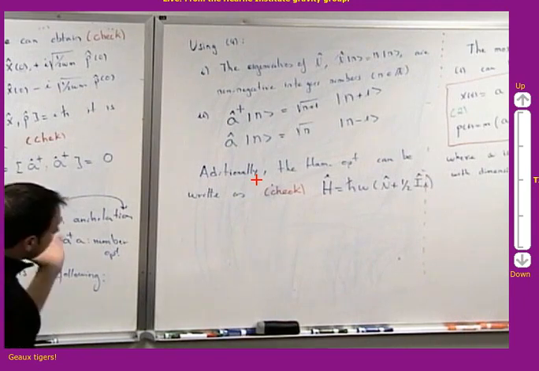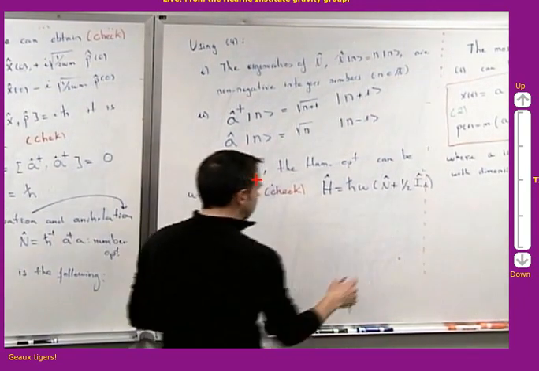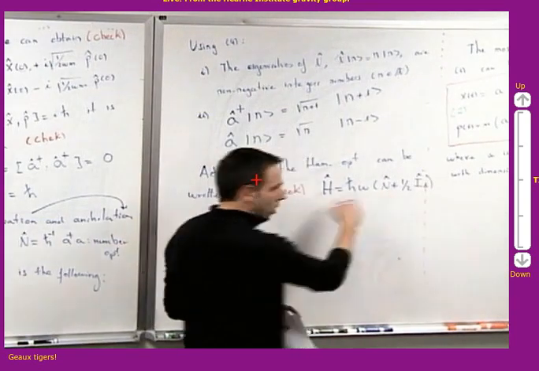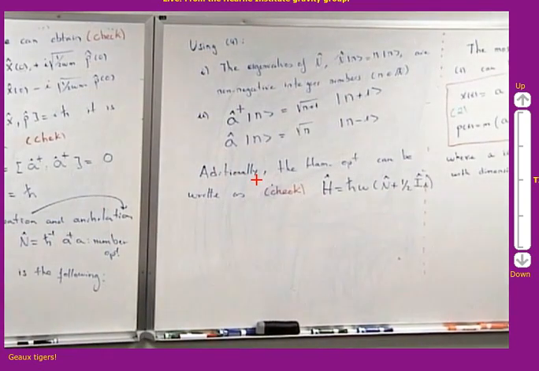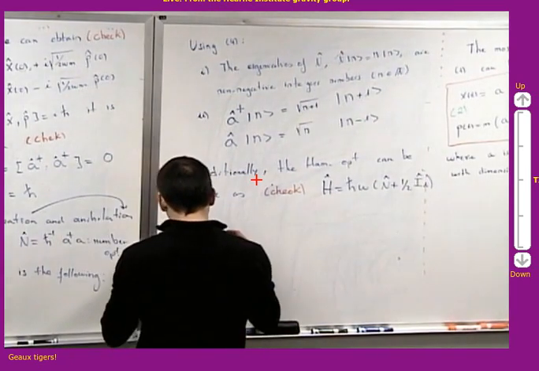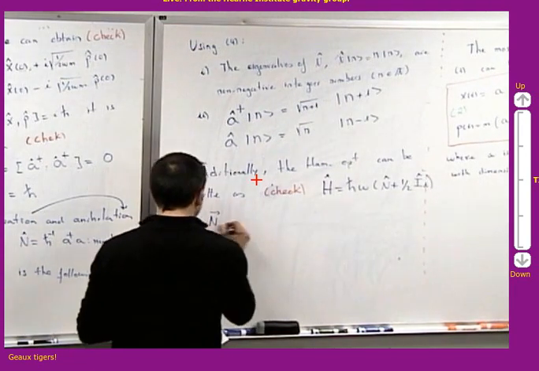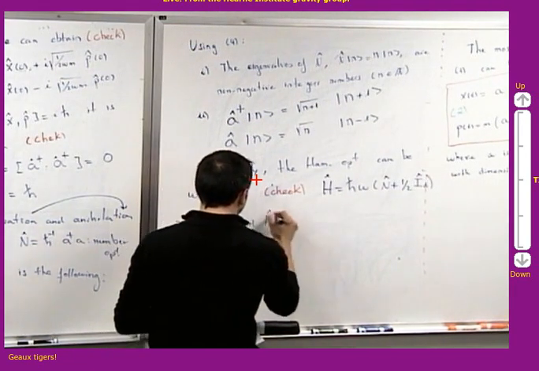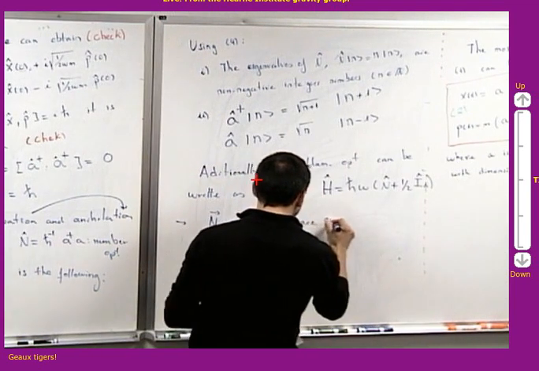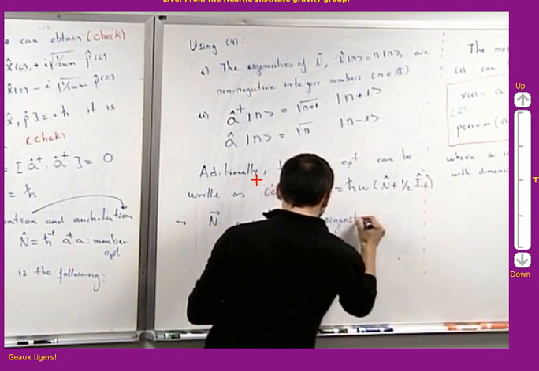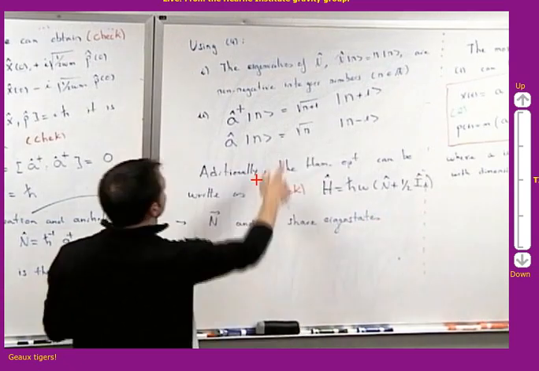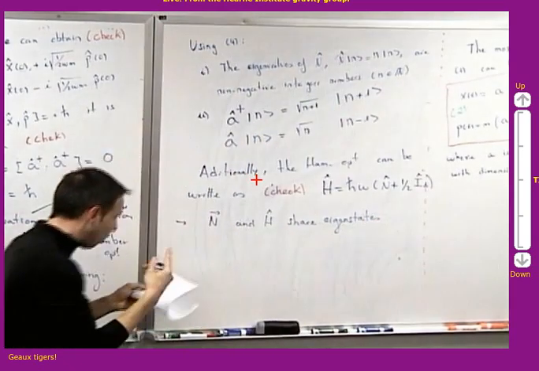And as you know very well, this is quite important because this tells us that H and the number operator commute with each other. And you know from quantum mechanics that every time two operators commute, they share eigenstates. So N and H share eigenstates. All these eigenstates of the number operator are also eigenstates of the energy.